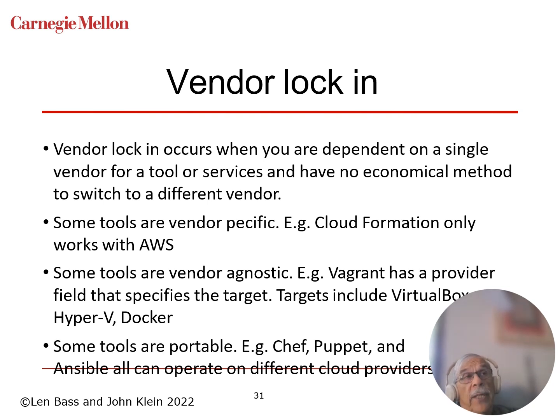And so you want to be able to hedge your bets in case you're an Amazon person and your Amazon region goes down for one reason or another. You want to be able to seamlessly or relatively seamlessly shift to Microsoft or vice versa. And so in order to do that, you have to have set up your scripts and chosen your tools that support that type of transition.